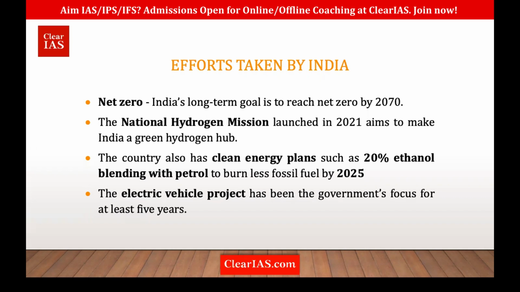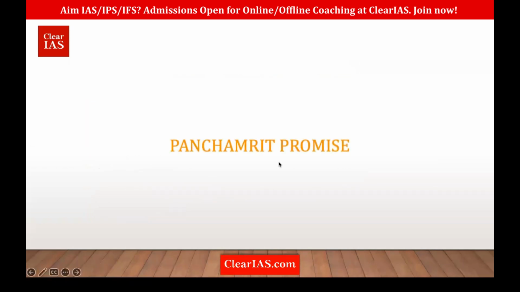And also there is a huge impetus to electric vehicle projects. Okay, they're asking you to use more electric vehicles. Okay, yeah. So that is the major things India has been doing. So all this happened at COP27. Okay, so one thing you must remember is the Panchamrit promise. So what is the Panchamrit promise?